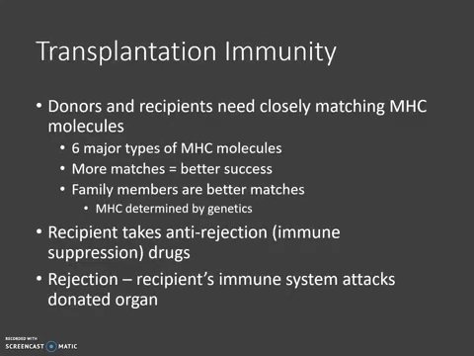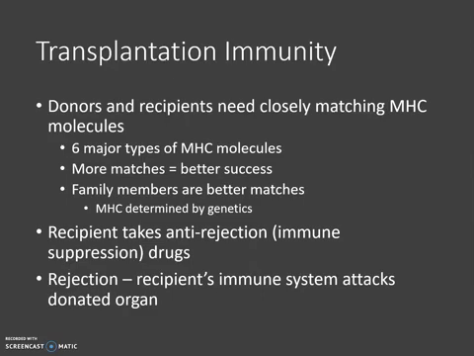Now, immunity is something that we also have to consider whenever an organ transplant or a tissue transplant is happening. And we kind of talked about this a little bit when we talked about blood donations, because if you are given a donation from the wrong blood type, an immune reaction can happen with the antibodies in your blood and the antigens on the blood cells, causing major problems, including death.